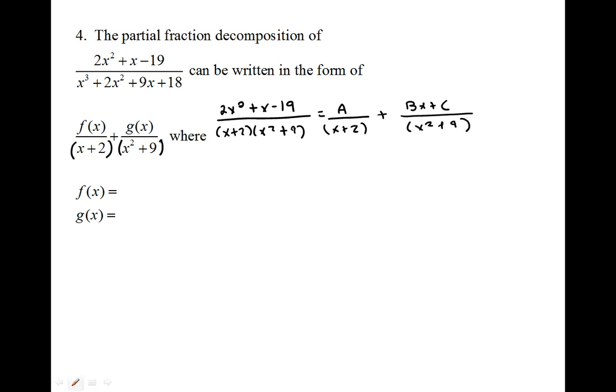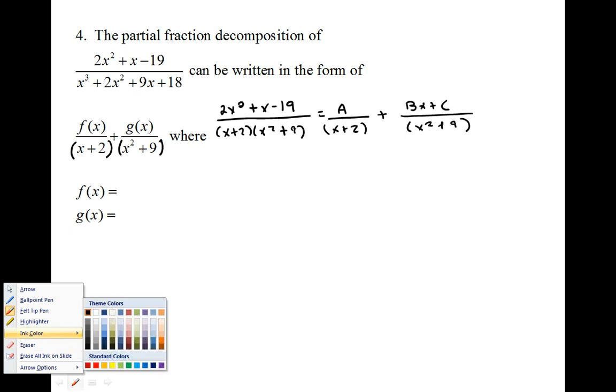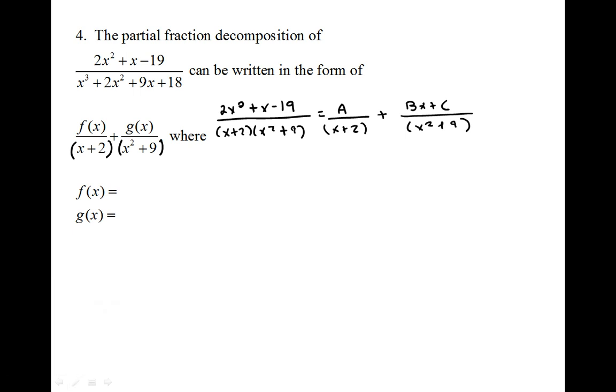And now, just like in the previous examples, I'm going to multiply everything by the least common denominator, which will be, as you might guess, (x plus 2)(x squared plus 9). And as before, this cancels with this, this cancels this.